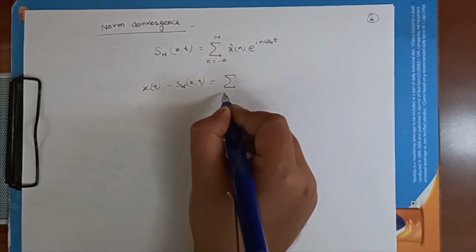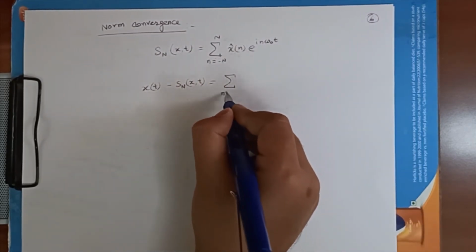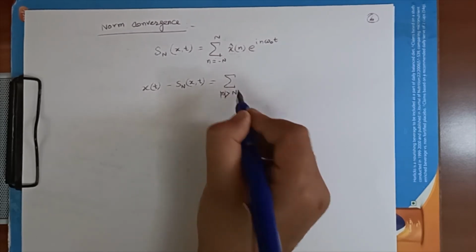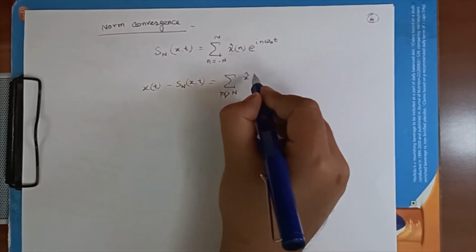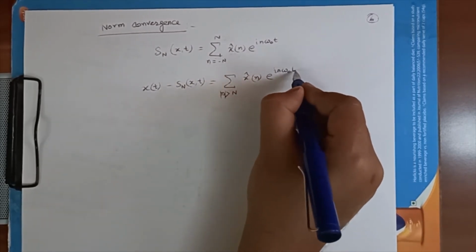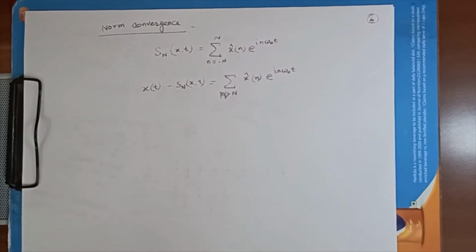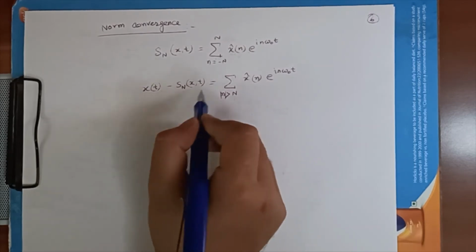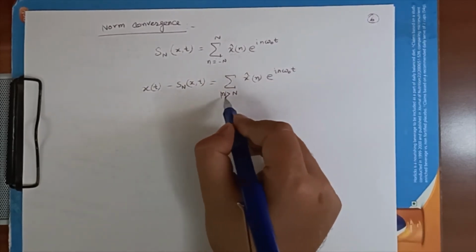So it is when modulus n is greater than capital N. This is the difference of the actual signal x(t) and the partial sum of those 2N plus 1 terms.